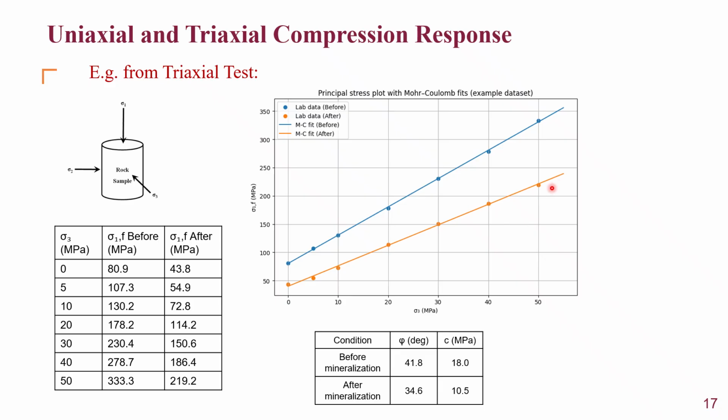You can see that generally the rock will fail at much lower stresses after mineralization as compared to before mineralization. Now the points here are the actual test points, and the line is the Mohr-Coulomb failure criterion fit, which shows that the Mohr-Coulomb equation is actually able to predict the failure of the rock.